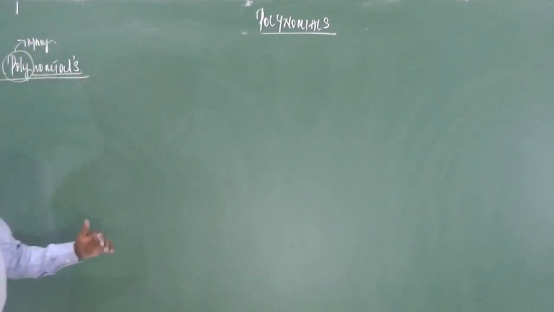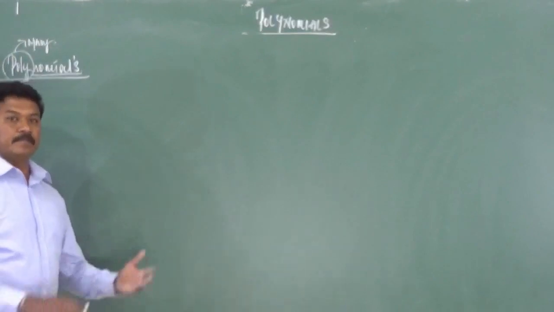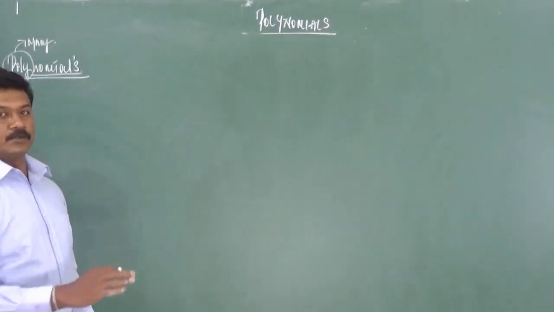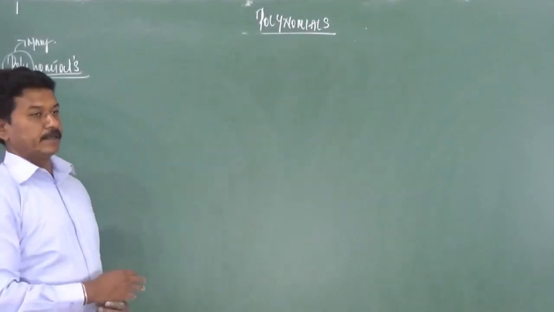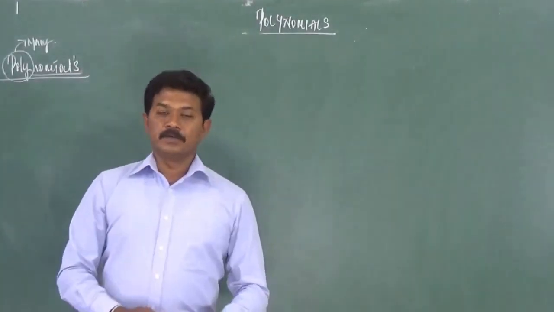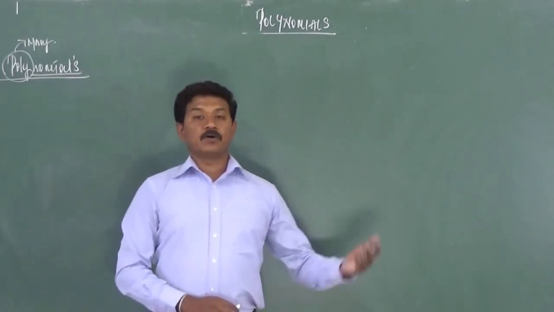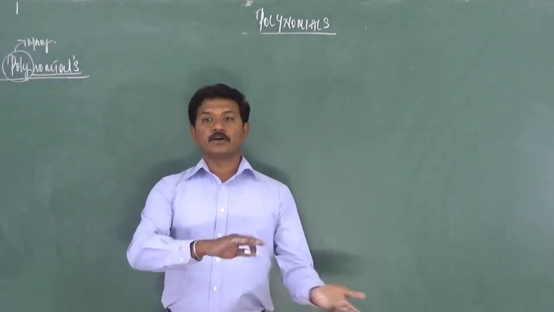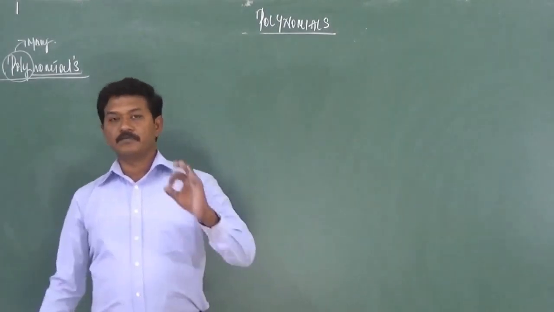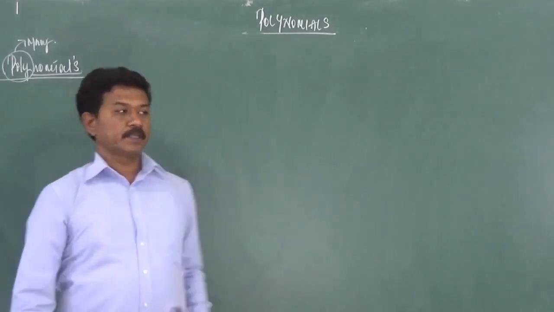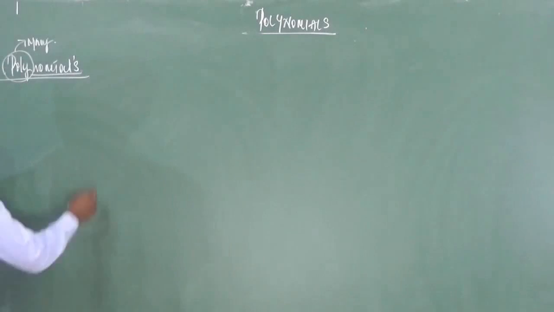So an algebraic expression having many terms is called a polynomial, but according to a given condition. So here I want to tell you one particular thing. All polynomials will be algebraic expressions, but all algebraic expressions cannot become polynomials. That's a very important concept you have to remember. I'll show you the clear-cut difference.